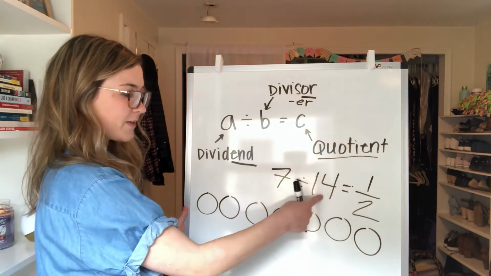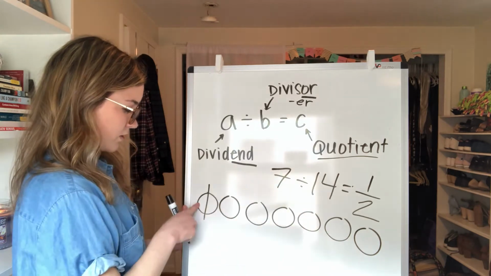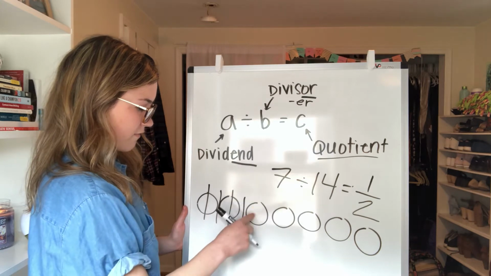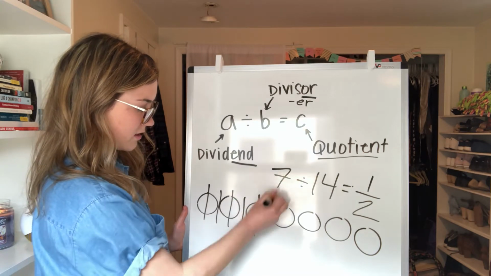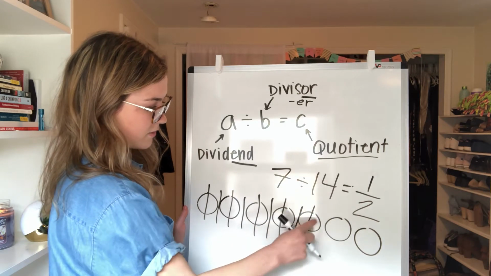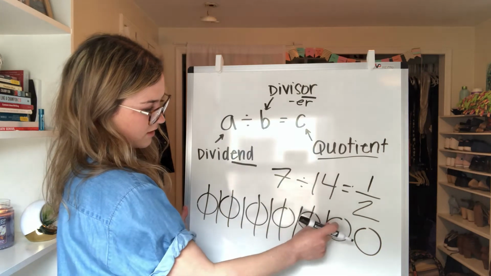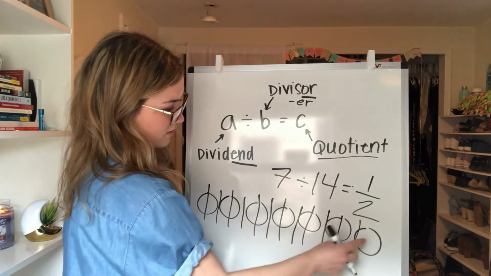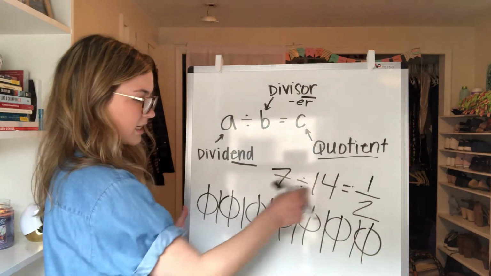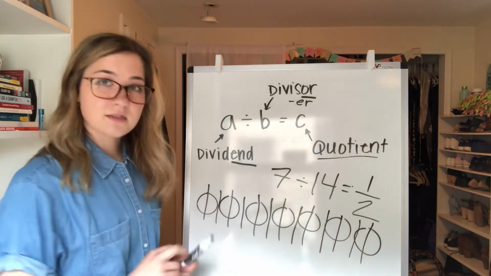And I'm splitting it up into 14 pieces. So I would have to do 1 piece, 2, 3, 4, 5, 6, 7, 8, 9, 10, 11, 12, 13, 14. So I split up into 14 pieces, and each piece is a half of a circle. So it's definitely different.